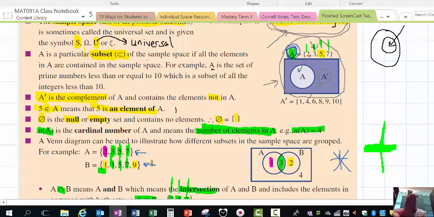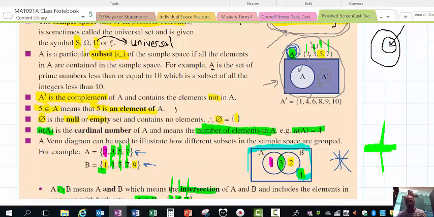That's one thing that's not in either set. 5 is, 6, that's 2, 7 is, 8, that's 3, 9 is, 10 is not. So there's 4 things from the original set from 1 to 10 that are in the universal set, but they're not in A or B or A intersection B. So those go in the outside zone there.